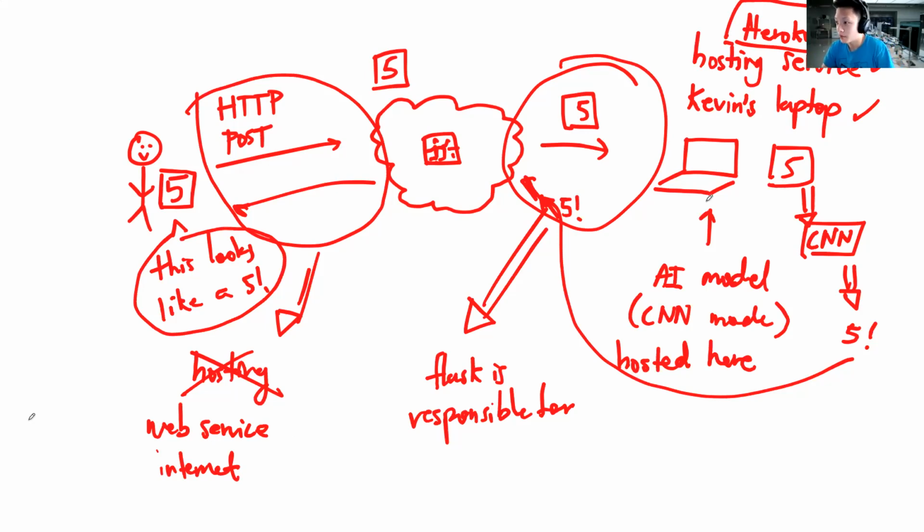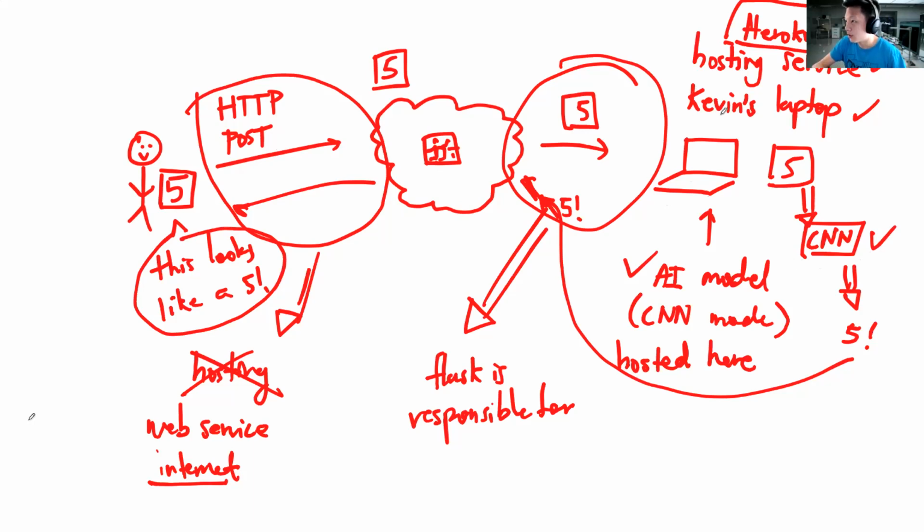You look at this diagram and you might be asking, why did I draw this out? Well, I drew it out to make it very obvious that there's only one part of the pipeline that we haven't really addressed yet, because the internet is already there. There's not much we can do about it. If you send an HTTP request, it will reach your computer eventually. On this side, we've already coded up the AI model and we already know how to get the prediction from some image.